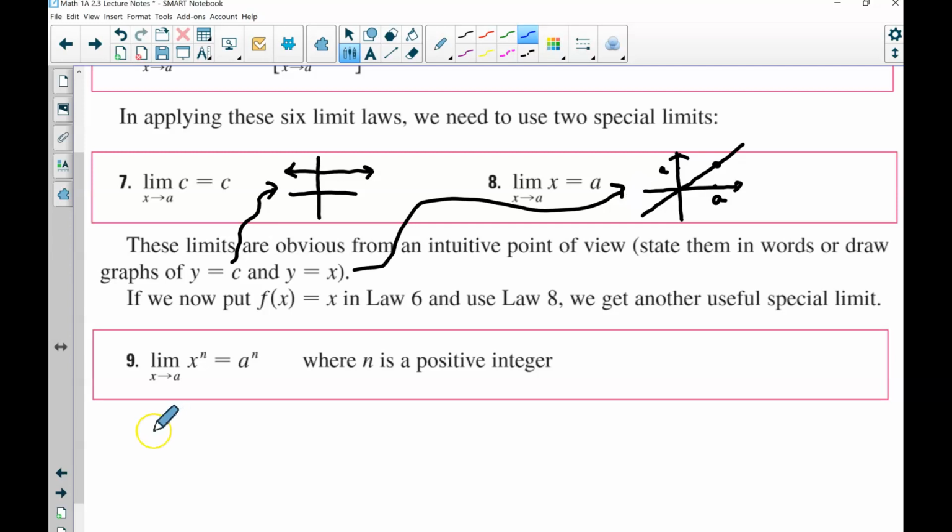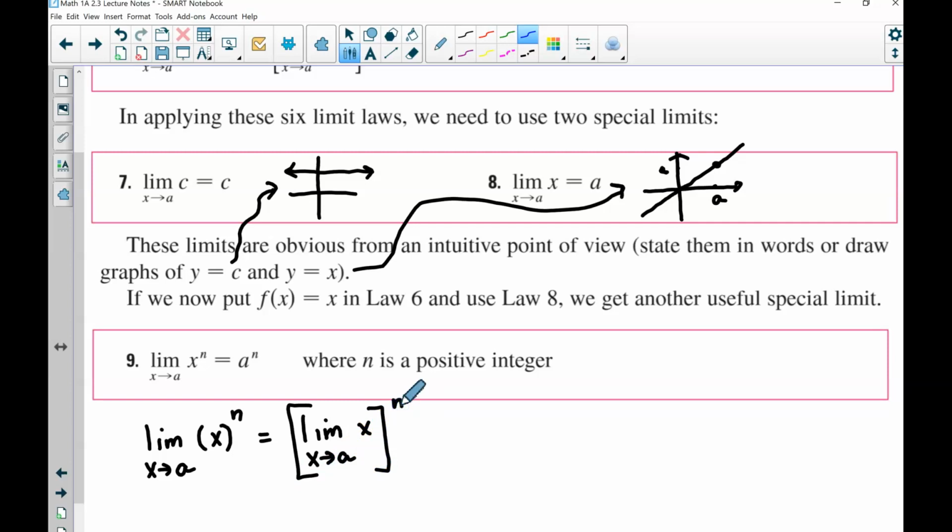Now another way of looking at this is that if we have the limit as x approaches a of x to the nth power, then using our rules, we would say this is the limit as x approaches a of x, and then this entire limit is being raised to the power of n.